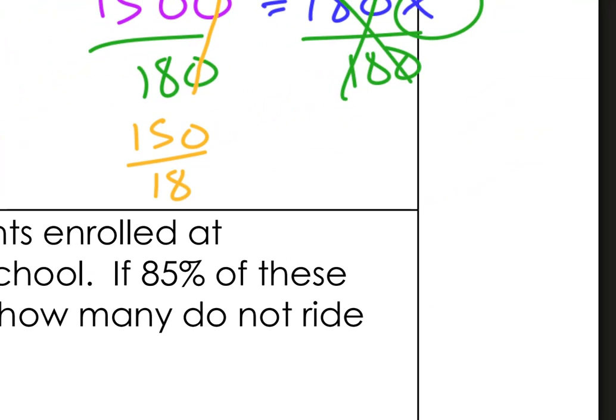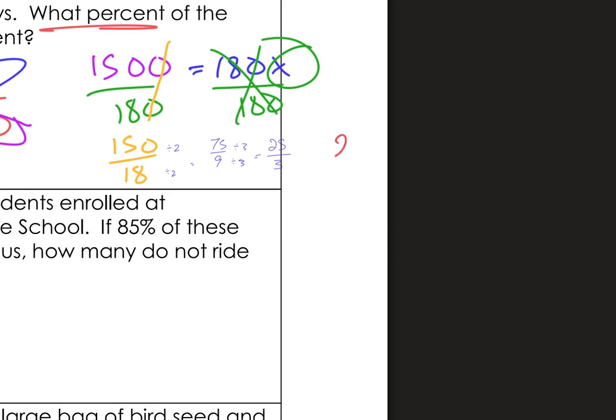I'm just going to do it just for fun. So I see that I can divide both of these by 2, and I get 75 over 9. I think I can divide them both by 3, and I get 3 over 25. And then I can't divide those any further, but I can go ahead and do this, right?